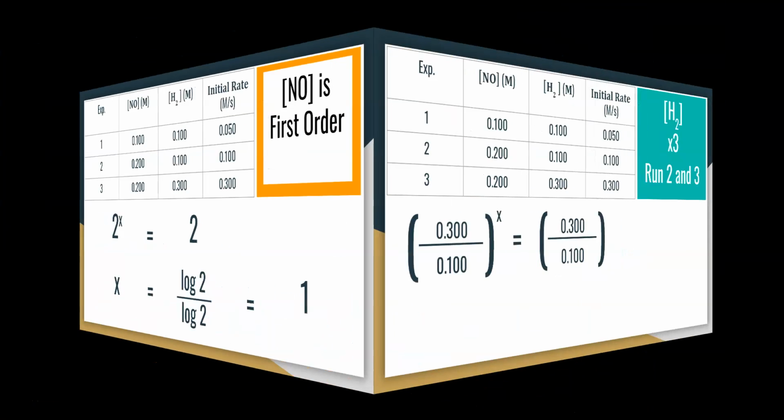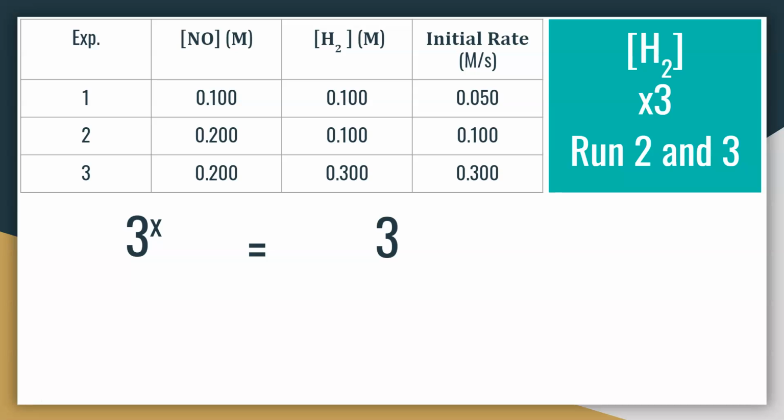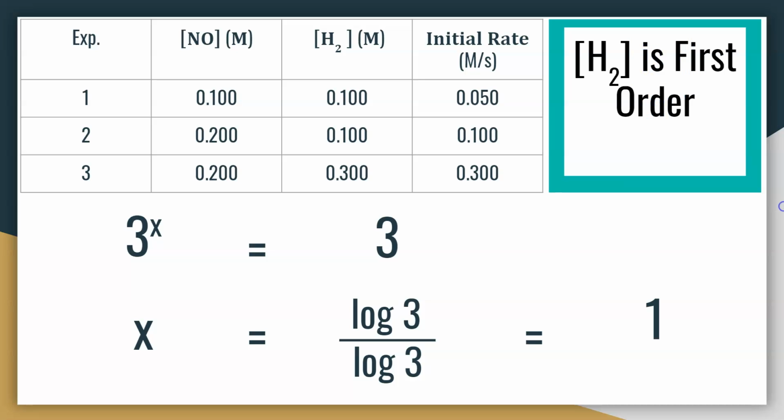We will do the exact same thing for hydrogen gas, of course this time using runs 2 and 3. We will plug that all into the calculator, rearrange the equation, and find out that in fact hydrogen gas is first order.